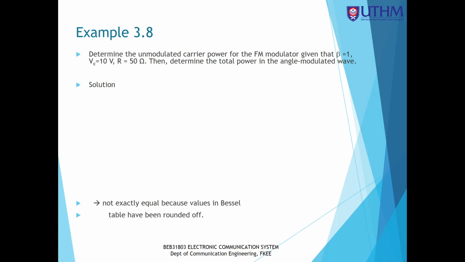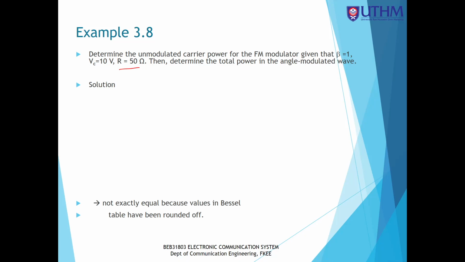It wants to show you the slight difference. So we're going to try this. Determine the unmodulated carrier power for the FM modulator given that beta equal to 1, VC 10 volt, R equal to 50 ohm. Determine the total power in the angle modulated wave.